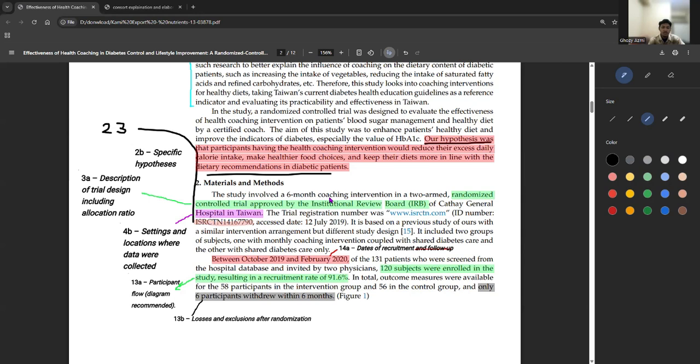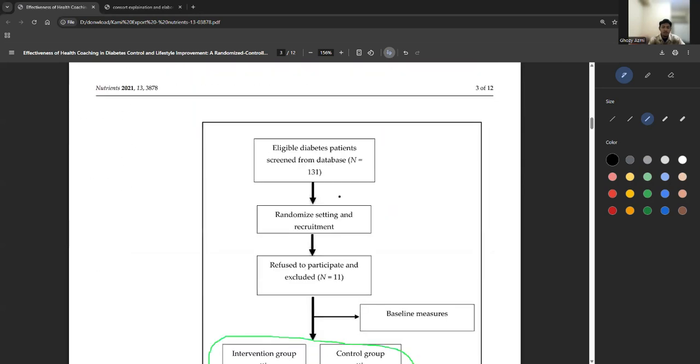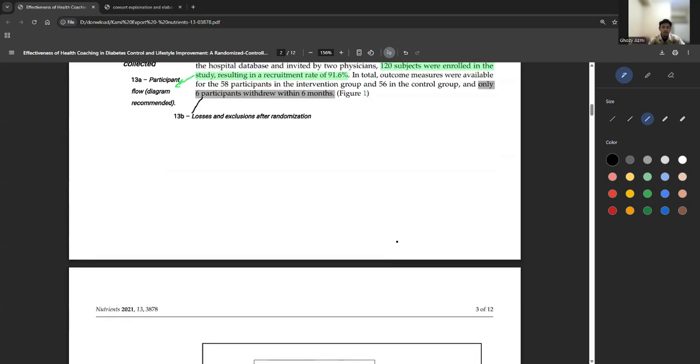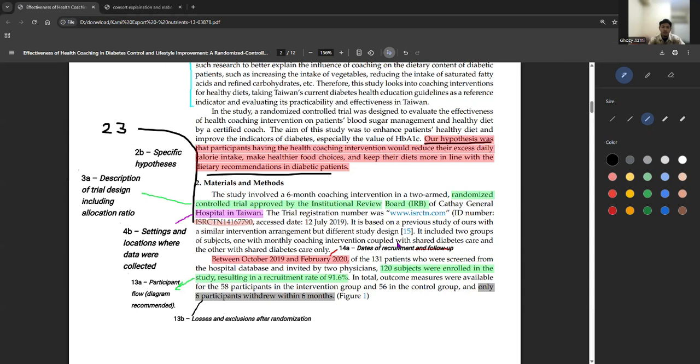So it involved two groups, which are the intervention group and the control group. In this article, it says it is a two-group parallel randomized trial, like this sentence.